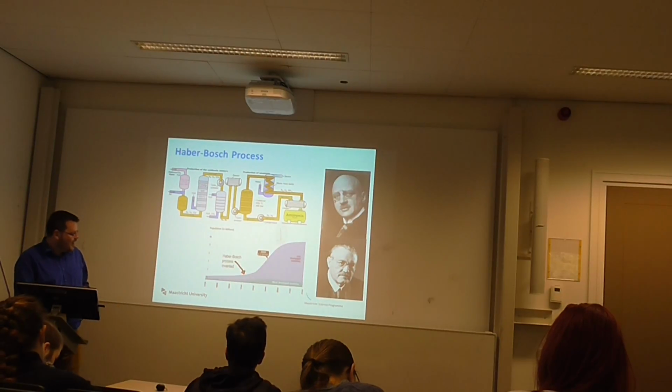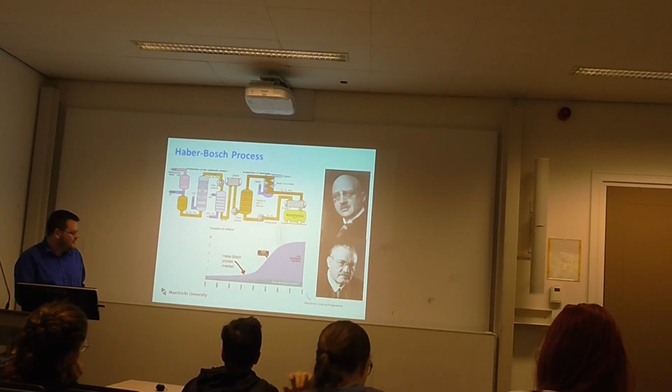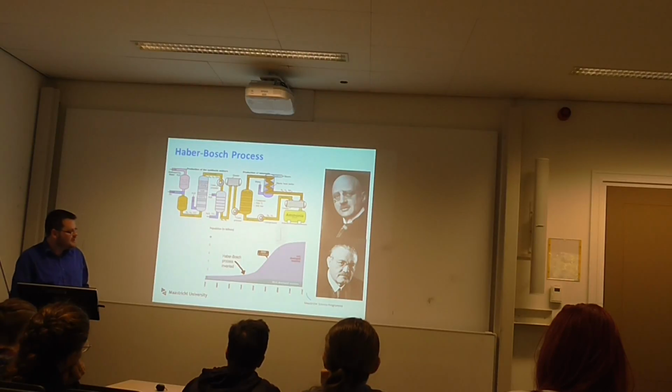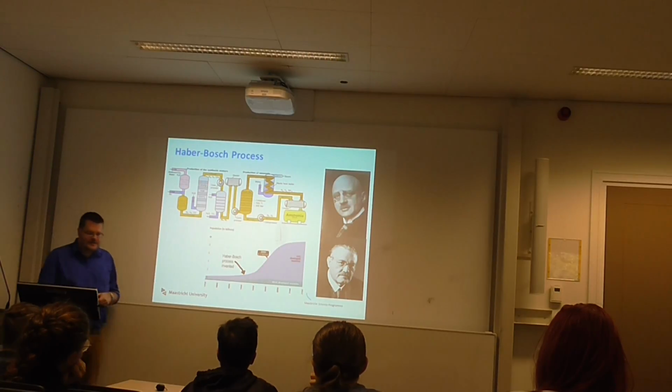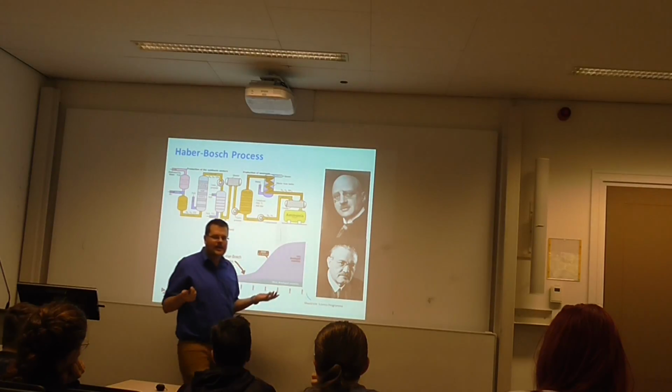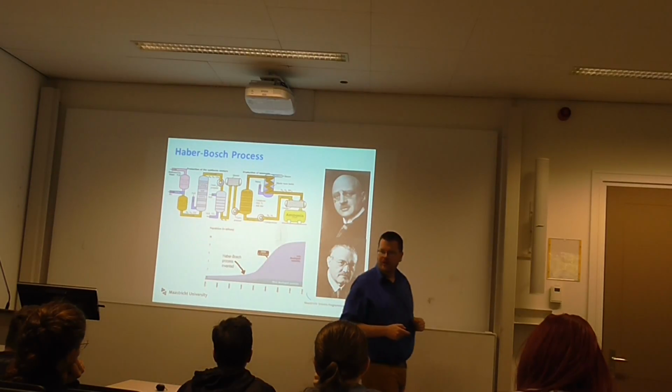Here you can see at the bottom, since the Haber-Bosch process in the 1930s, there's been this population explosion, which has been facilitated by the fact that we can produce more food thanks to the industrial preparation of ammonia.